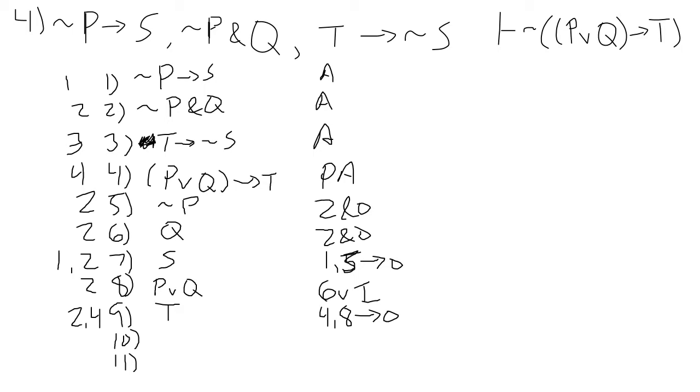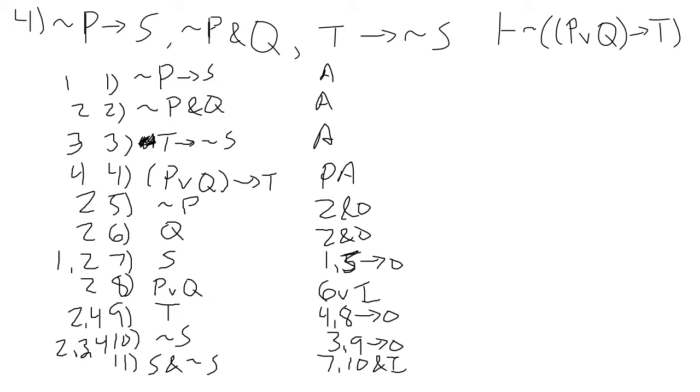Now with this I can toss it into 3 to get tilde S. So that's going to be 3 and 9. Arrow out. 3 and 9 is 2, 3, and 4. Then I can put them both together from 7 and 10.